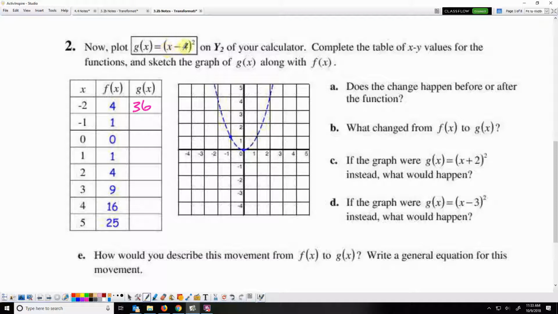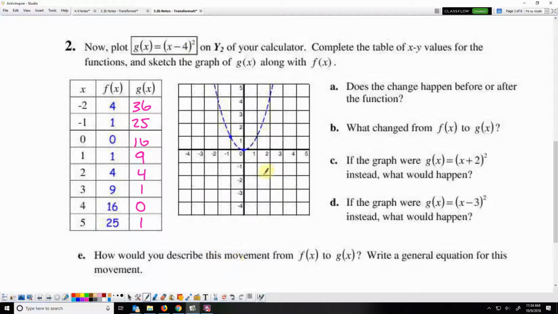Negative 1 minus 4 is negative 5, squared is 25. 0 minus 4 is negative 4, squared is 16. 1 minus 4 is negative 3, squared is 9. 2 minus 4 is negative 2, squared is 4. 3 minus 4 is negative 1, squared is 1. 4 minus 4 is 0, squared is 0. And 5 minus 4 is 1, squared is 1.